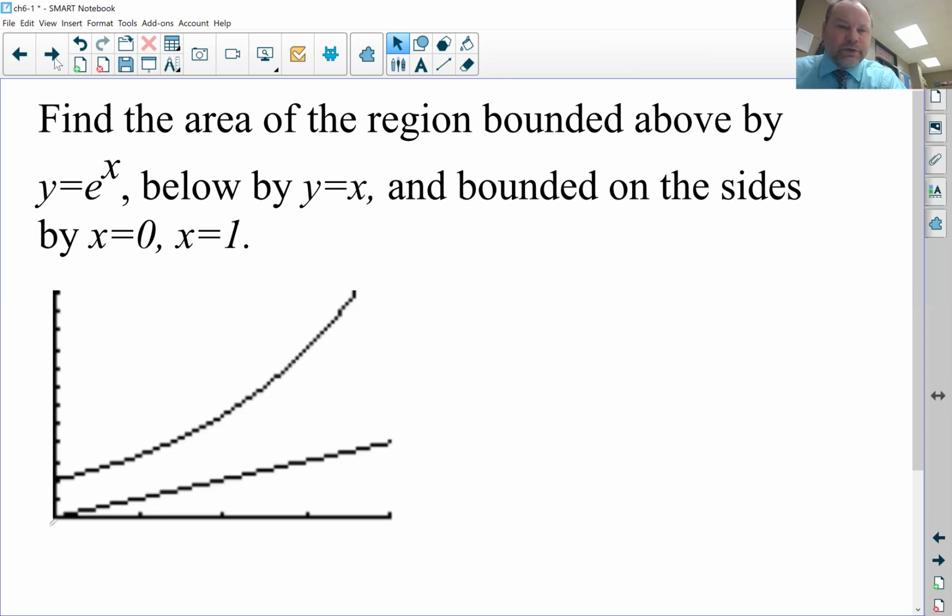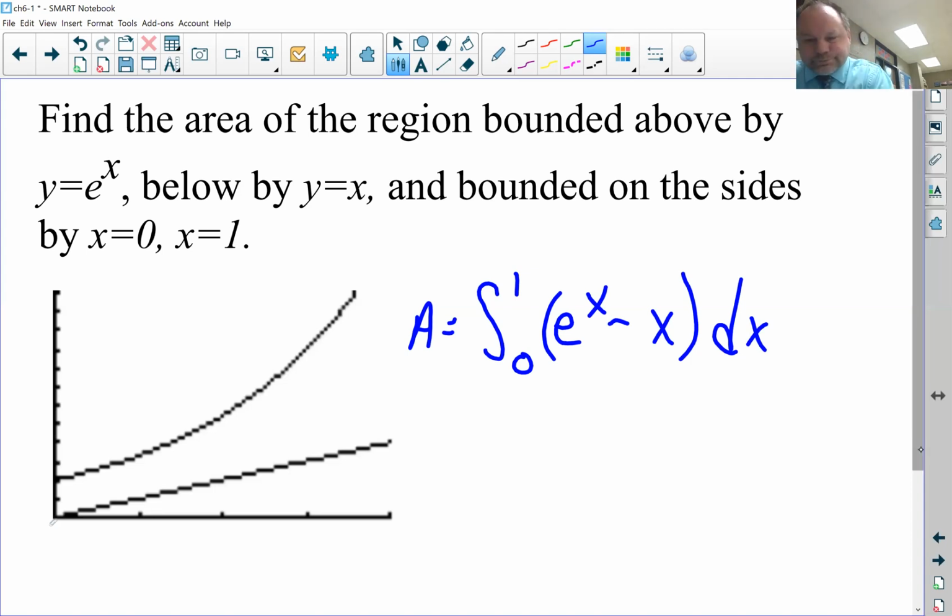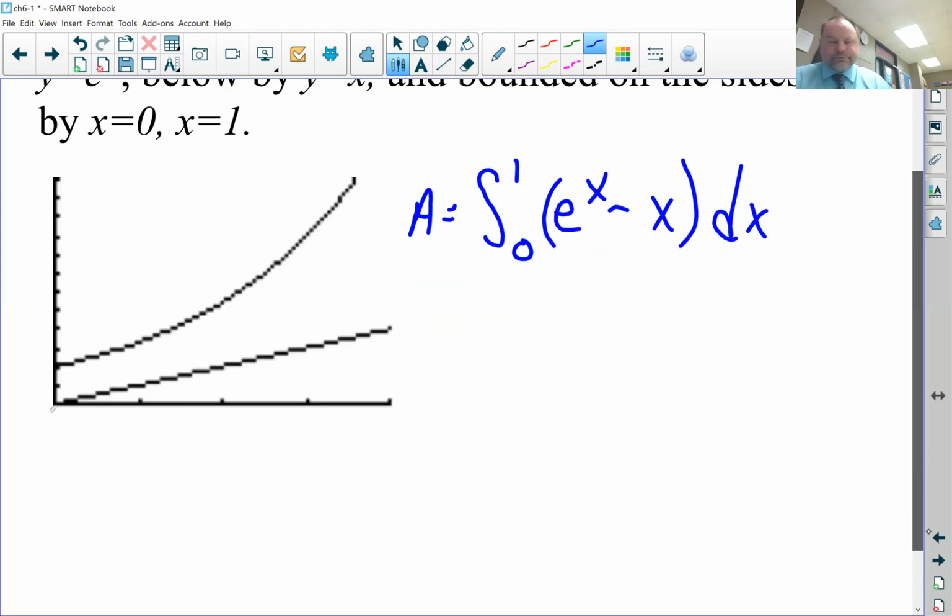So the area is the integral from 0 to 1. Upper function is our exponential minus our lower function. All right, integral of e to the x.